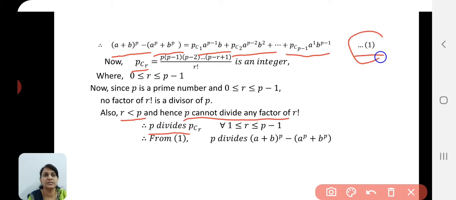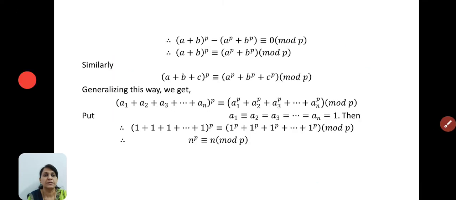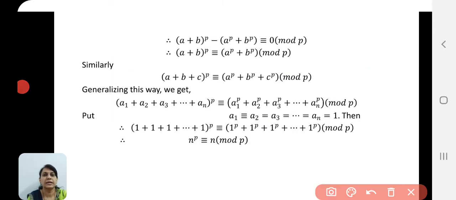So from equation 1, p divides (a plus b) raised to p minus a raised to p plus b raised to p. Therefore (a plus b) raised to p minus (a raised to p plus b raised to p) is congruent to 0 mod p, or we can write it as (a plus b) raised to p is congruent to a raised to p plus b raised to p mod p.